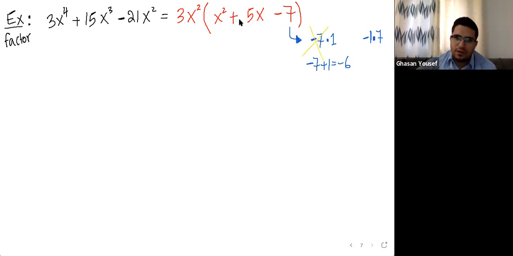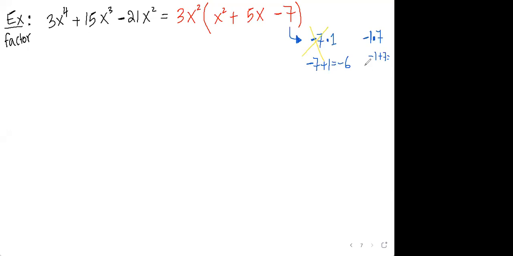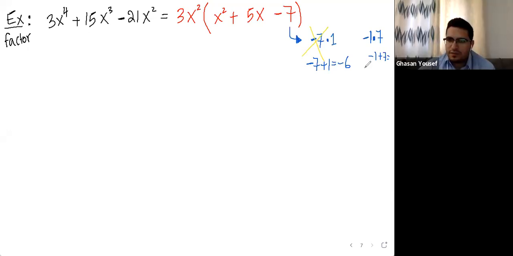What about the second one? -1 plus 7. What's -1 plus 7? 6. But what do I have here in the middle? 5.